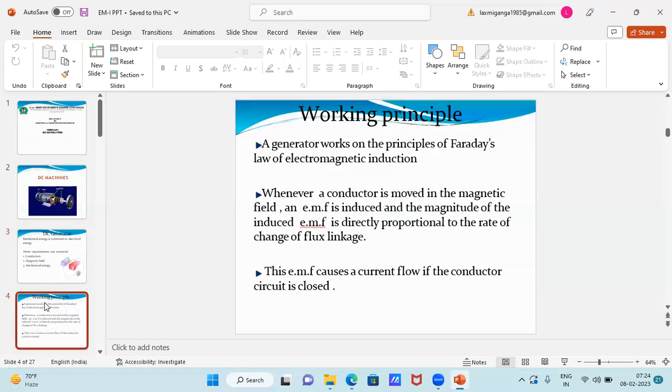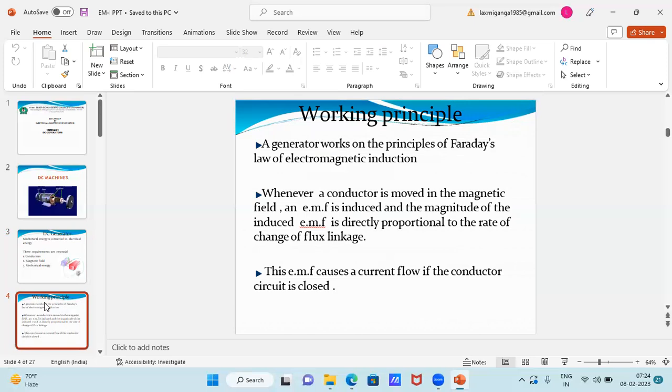Coming to the working principle, a generator works on the principle of Faraday's laws of electromagnetic induction. According to Faraday's laws, when a conductor is moved in a magnetic field, EMF is induced, and the magnitude of the induced EMF is directly proportional to the rate of change of flux linkage.